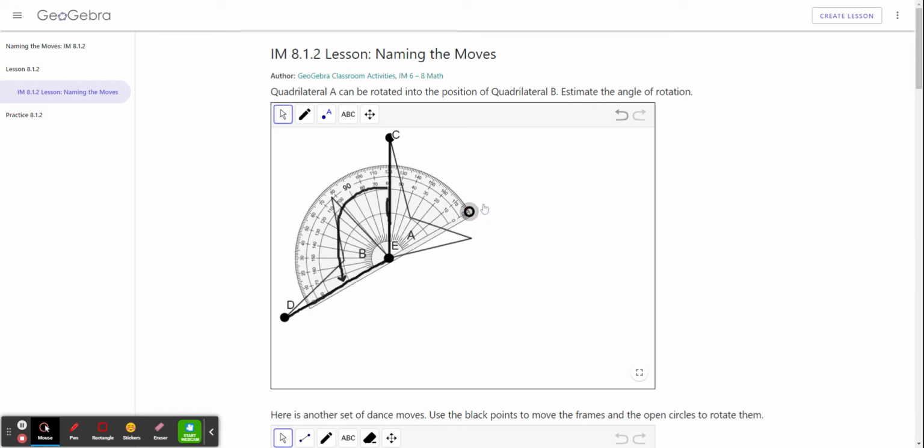Okay, so there's approximately my angle of rotation, and I can tell that this is open. When I look at my protractor, it looks like it's more than 90 degrees at about 120 degrees. So a good estimation for the angle of rotation there would be about 120 degrees.